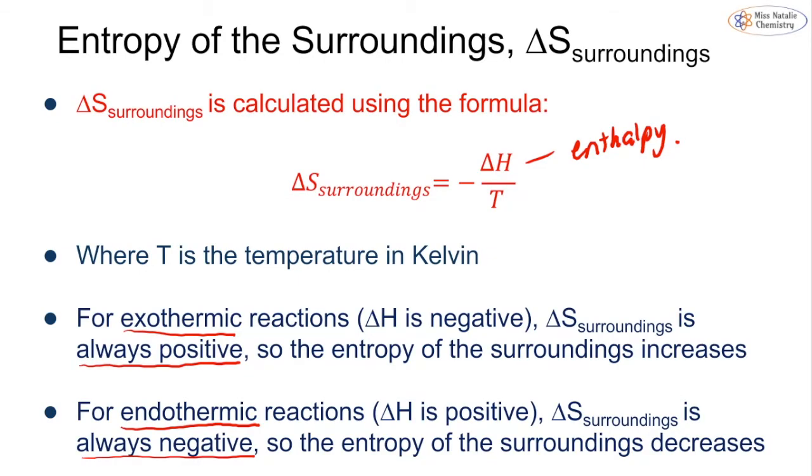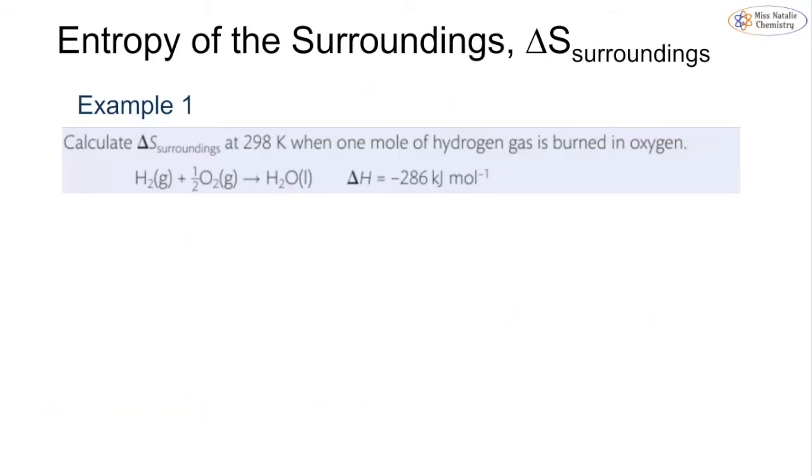Okay, so we can use this formula in order to calculate the entropy of surroundings. And again, we can look at an example. So calculate this entropy of surroundings at 298 Kelvin when 1 mole of hydrogen gas is burned in oxygen. So I use my equation.